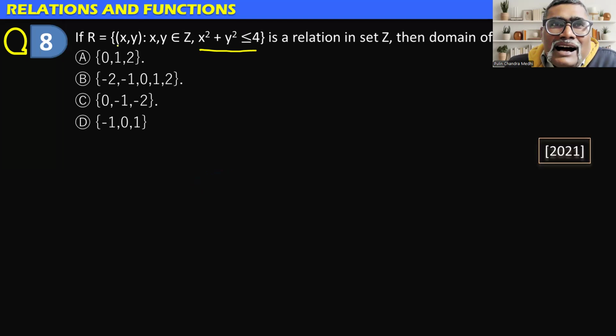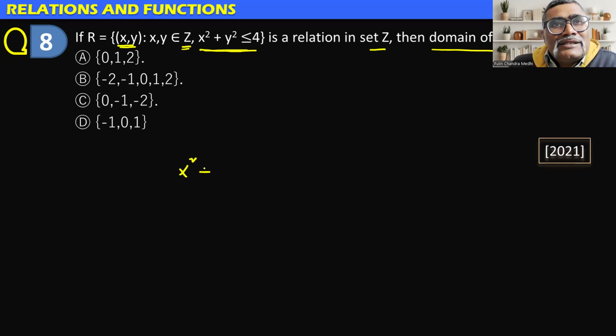it is given that R is the relation where x and y you have to find, and of course that should be integers. And the condition to be satisfied is x² + y² should be less than or equal to 4. Then the relation on the set Z. For this, what is the domain? Domain means those which are the inputs. Fine, we'll be trying now.